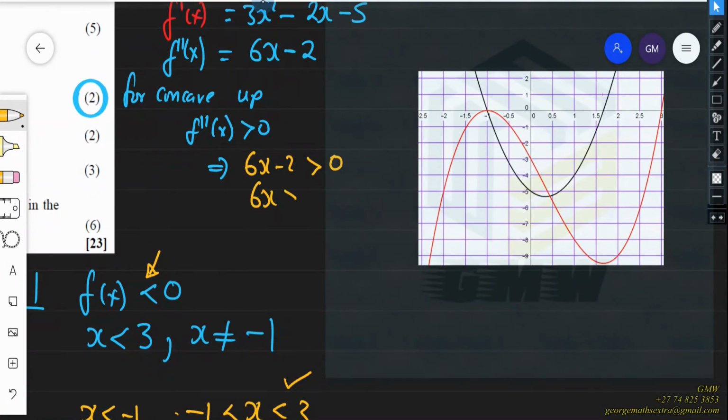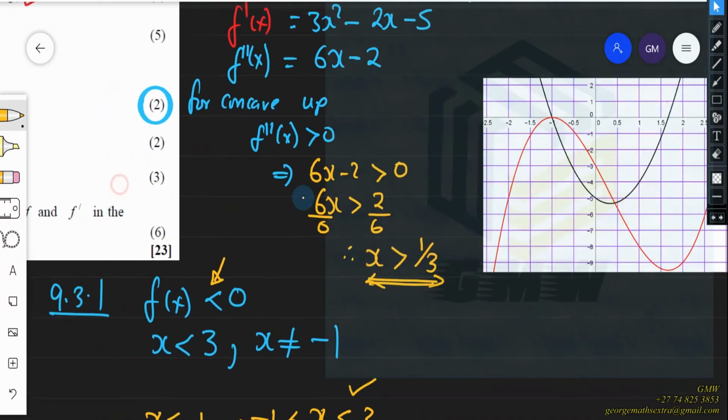So 6x is greater than 2, then I divide both sides by 6. Therefore, my x should be greater than 1/3. Now we are saying the graph will be concave up for any value of x that is greater than 1/3.